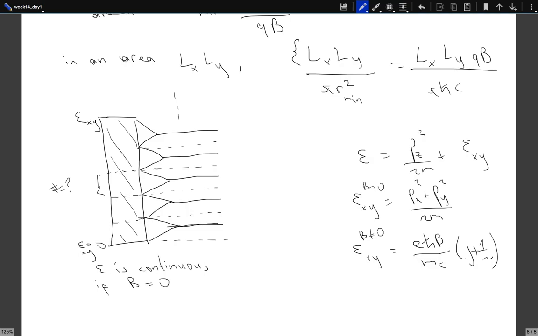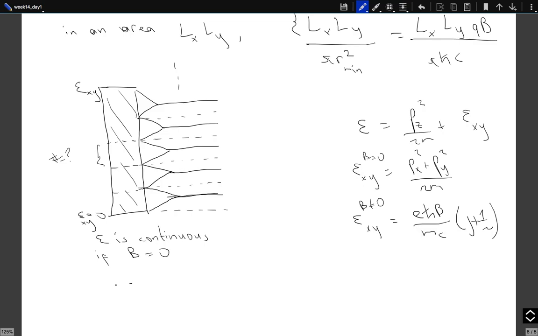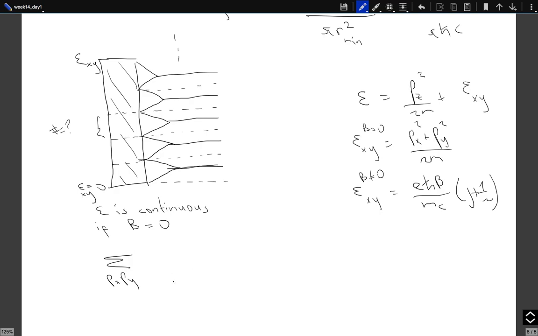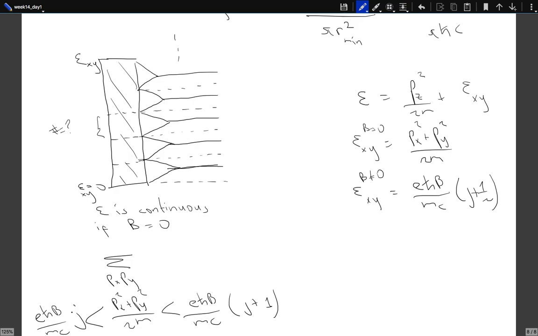I know how to count those numbers. I sum over all px, py such that px squared plus py squared over 2m is less than e h bar B over mc times j plus 1, and larger than e h bar B over mc times j.